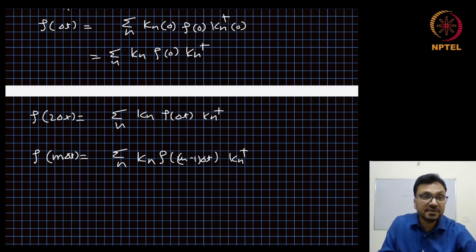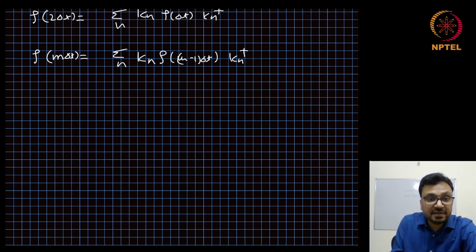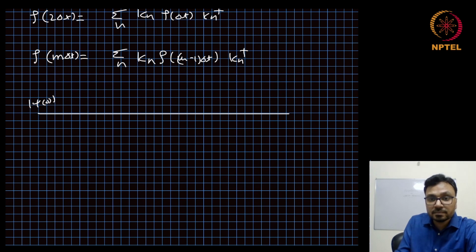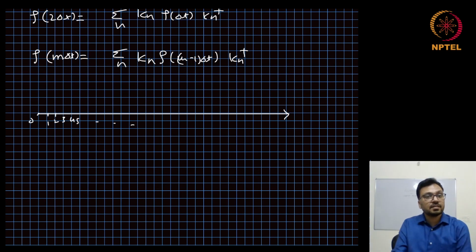But here we are still using the density matrices at every instance of time. So what we can do is, let us say the initial state is the pure state psi of 0. We have discretized the time, so we have t equals 0, 1, 2, 3, 4, 5, and so on.